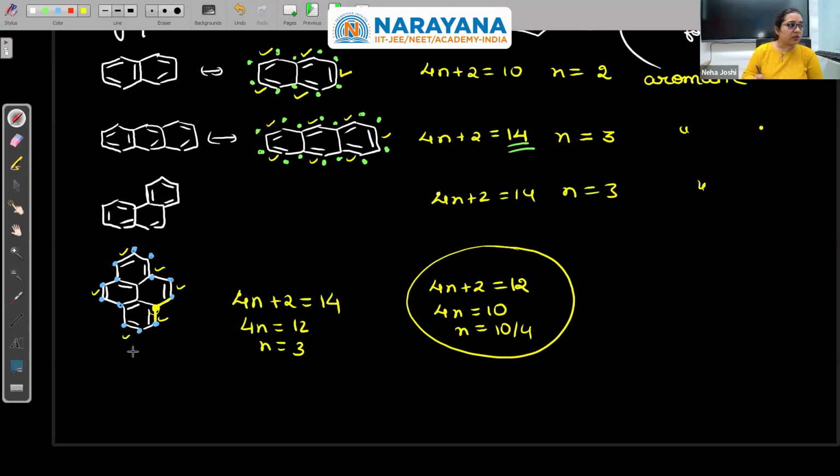So n equal to 3. Yes, this is an aromatic system, but you have to calculate peripheral carbon. You can have peripheral pi bond system, but that depends on the resonating structure which is taken into consideration.